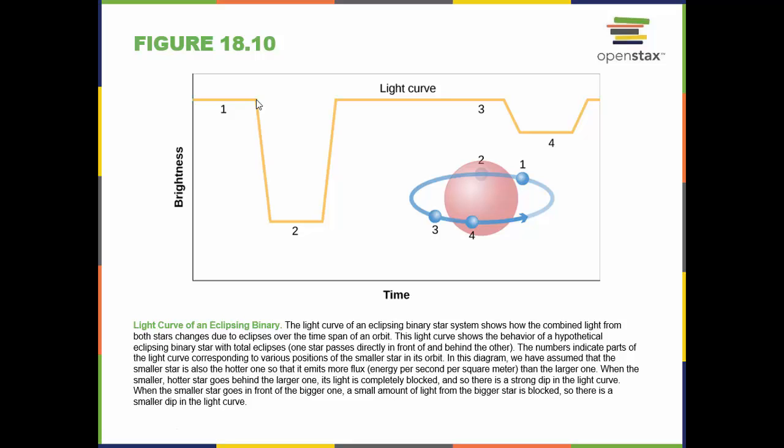If we look at 2, the smaller, dimmer star that we couldn't see goes behind the larger star, and suddenly our intensity decreases. And then it comes out from behind the star, and the light curve goes back up to its maximum brightness.